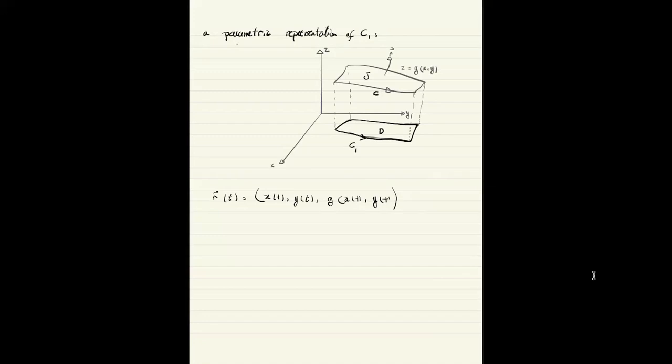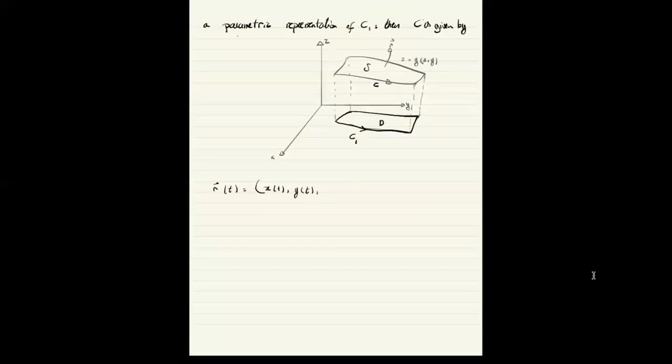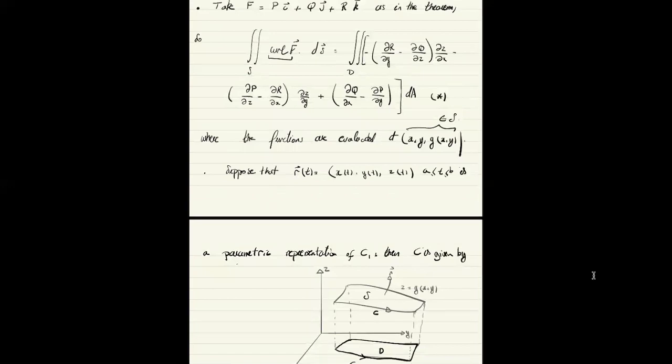So suppose that C is given by x(t), y(t), g(x(t), y(t)). Oh, I think there's a typo here.